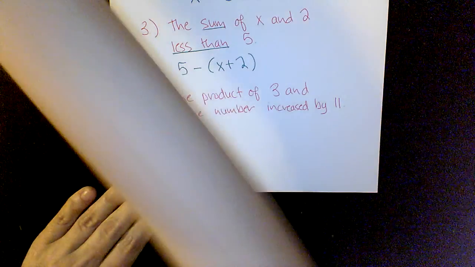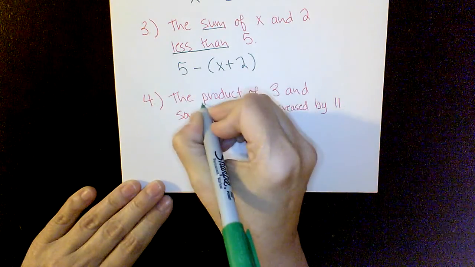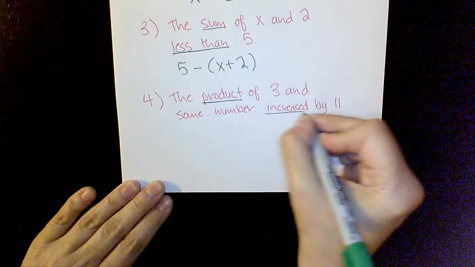So I've got keywords, product and increased by.